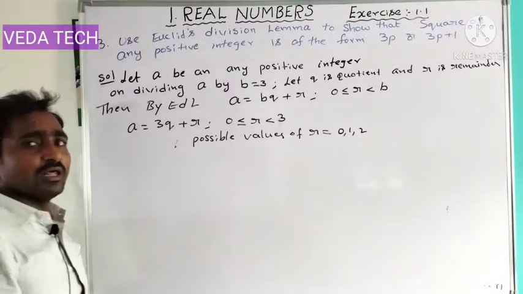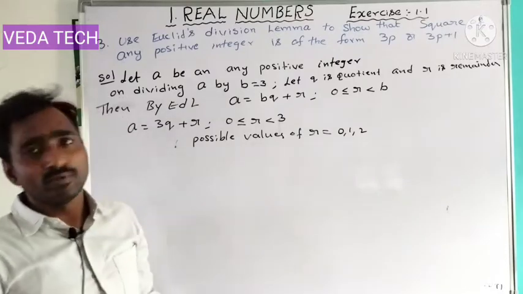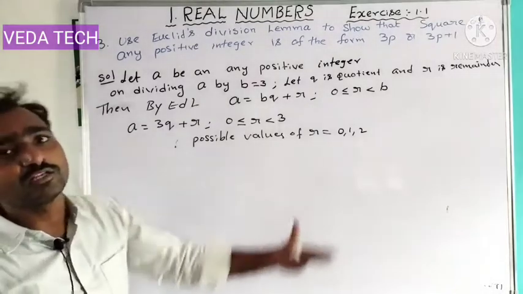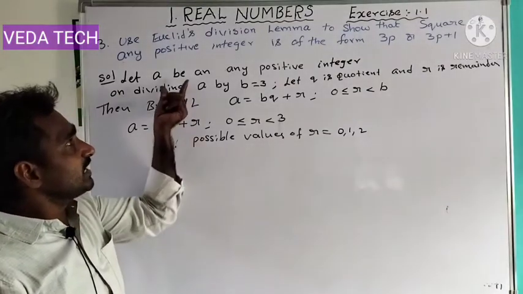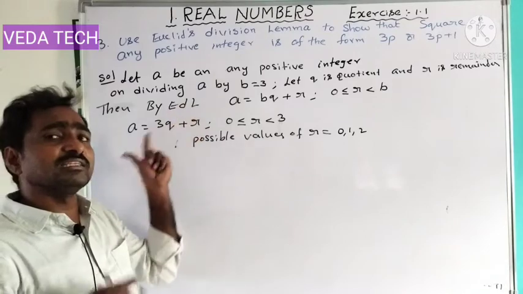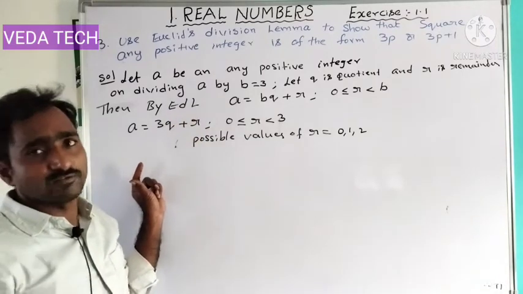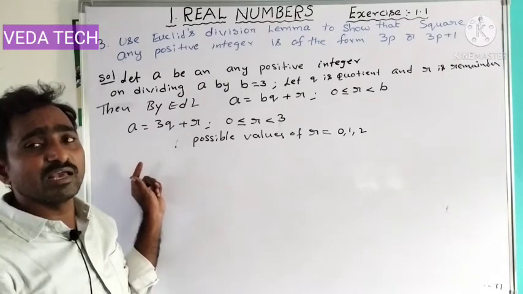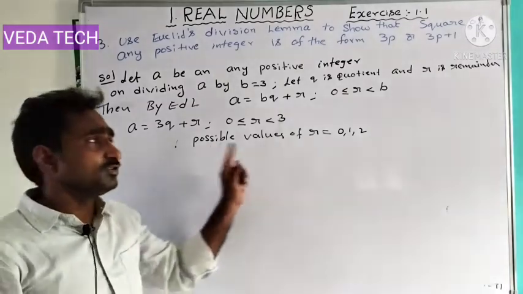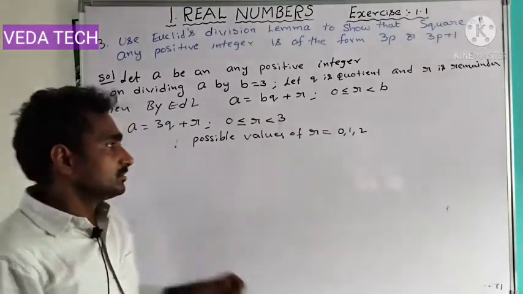So I have to show that a square is in the form of 3p or 3p plus 1, because a is a positive integer and we have to show the square of any positive integer is of that form, when r is equal to 0 or 1 or 2.